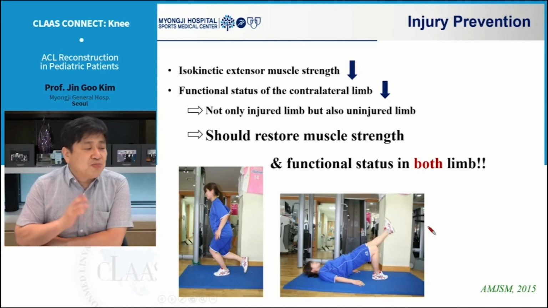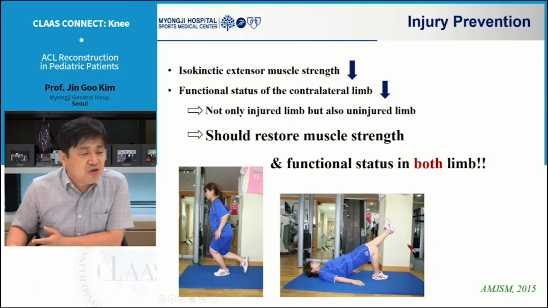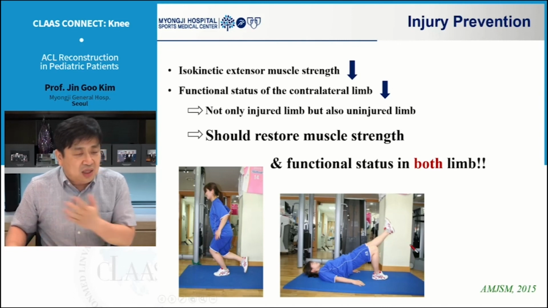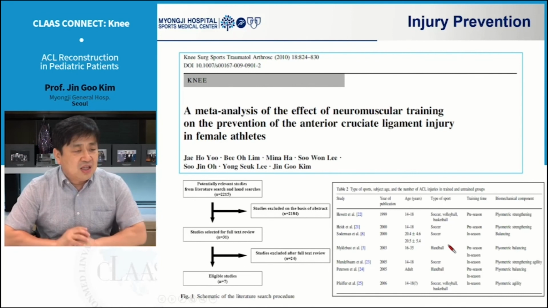So we need special consideration to restore muscle strength and functional status in both limbs. Although the other limb is not injured, we think it also has some significant weakness and sensory dysfunction.